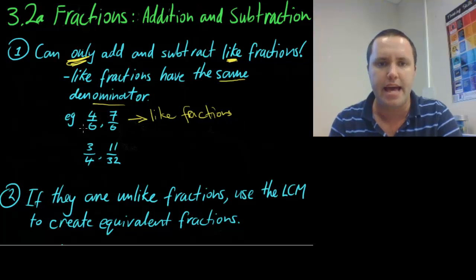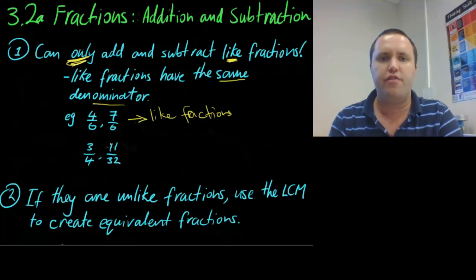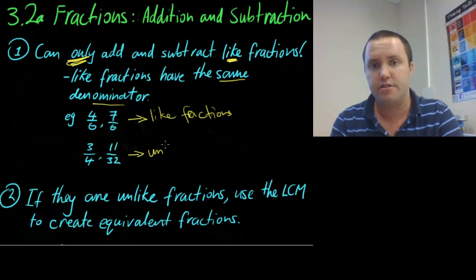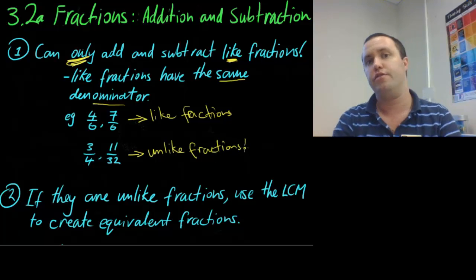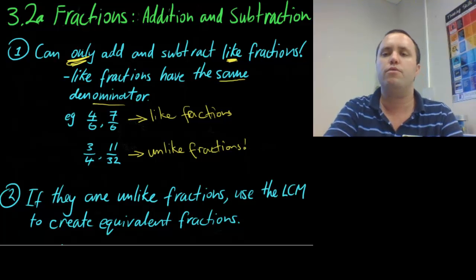We can add those together. 3 over 4 and 11 over 32, these are unlike fractions. We can't add them together yet. You'd have to do something to them. So, what do you do?